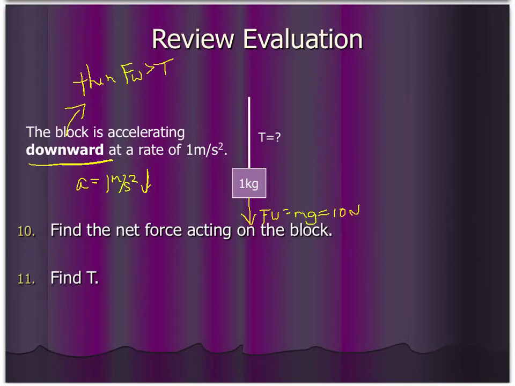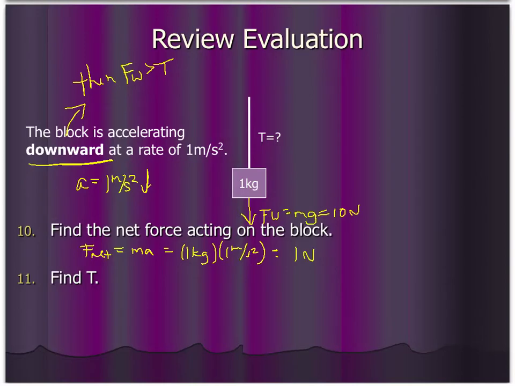And I know that I can now write net force equations for this. Okay. Newton's second law tells me that F net is equal to ma, and for this block I know it's a 1 kilogram block accelerating at 1 meter per second squared, so that's going to leave me with an F net of 1 newton. Okay.